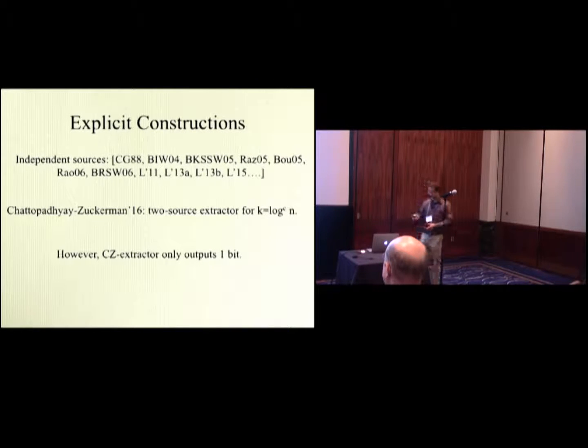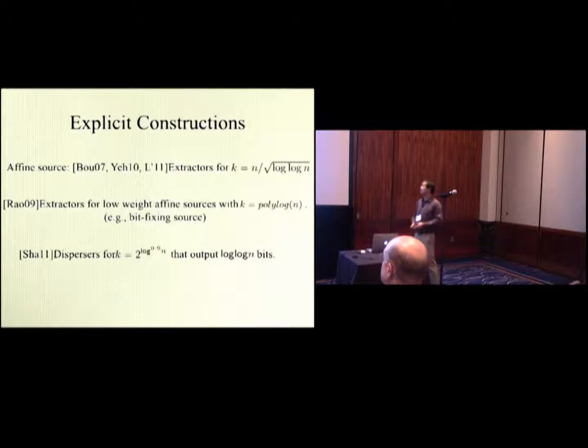In the affine extractor case, previously the best-known constructions by Bourgain and Yehudayoff, and also myself, can deal with entropy of something like n over square root of log n. So just slightly below linear entropy.